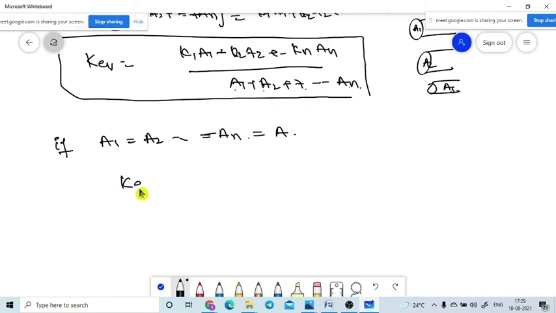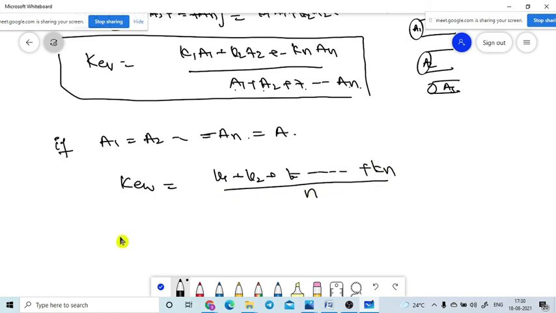So K equivalent is equal to K1 plus K2 and so on plus Kn divided by n. That is the formula for this one. This is the equivalent conductivity of the materials when they have the same area of cross section and the same length.